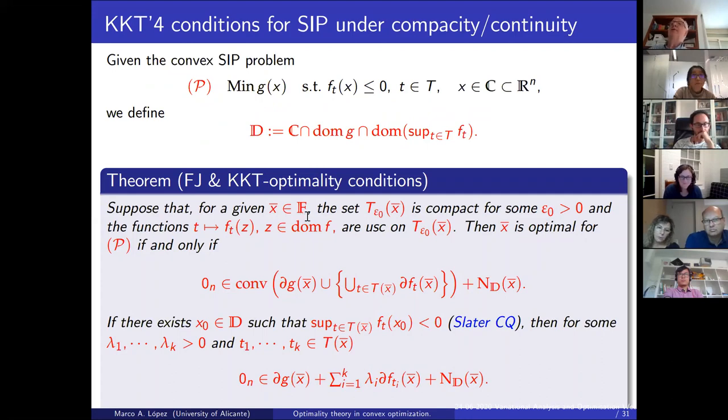Now suppose that for my reference point x bar there exists a certain epsilon node such that this epsilon node active set of indices at x bar is compact, and all these functions are upper semicontinuous. Then the point is optimal if and only if I have this relationship: zero belongs to the convex hull of this expression.